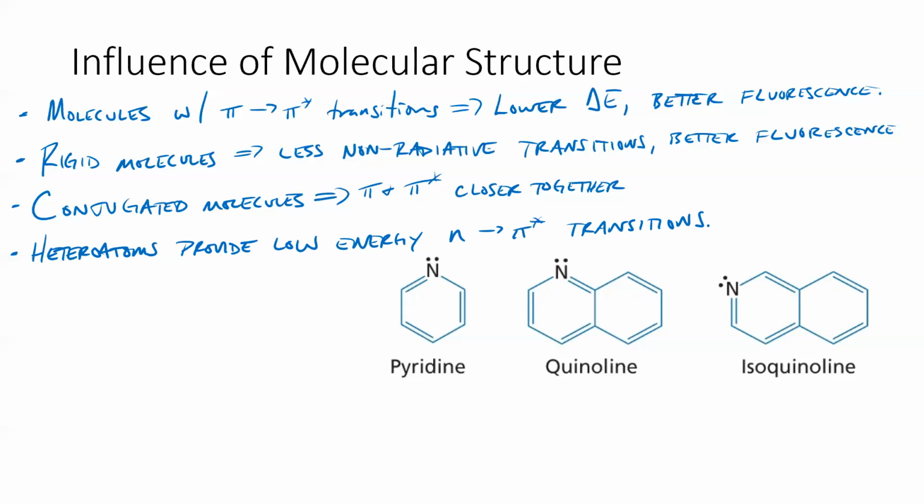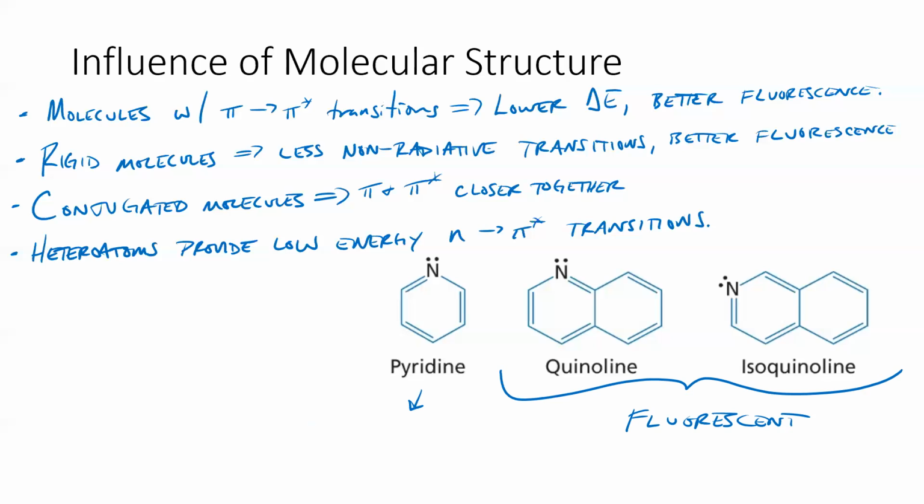This series here, quinoline and isoquinoline are fluorescent. Pyridine is not. The current theory is that this converts quickly to a triplet state.